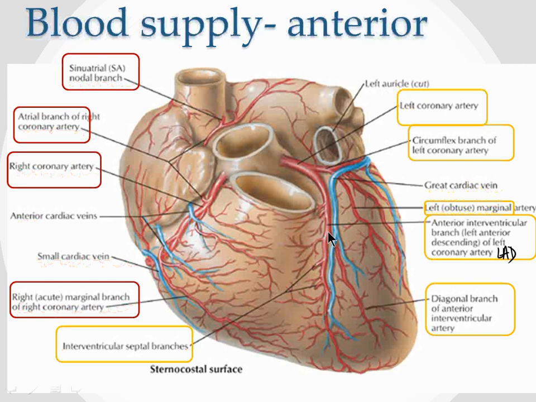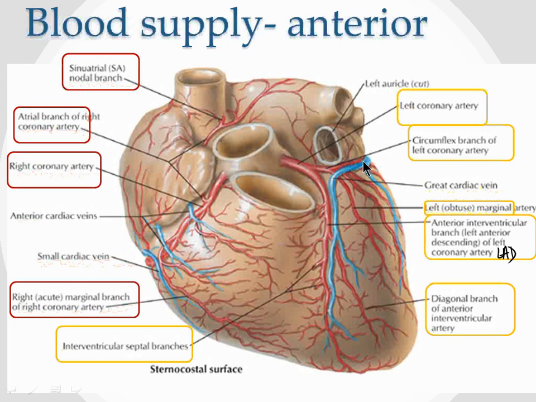So what this anterior interventricular branch does is it sends branches down in a perpendicular manner to the interventricular septum as well. So you can see these are called interventricular septal branches. And then it winds around this inferior border, and we'll see it on the posterior aspect, okay?